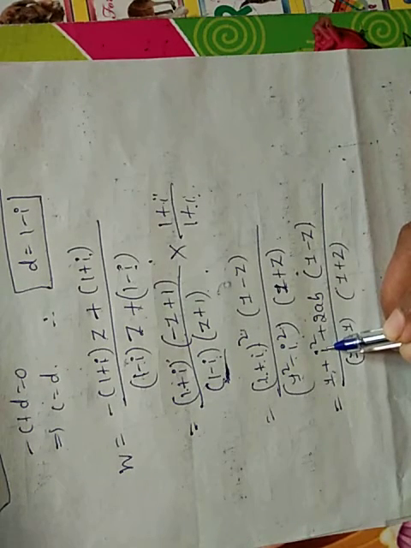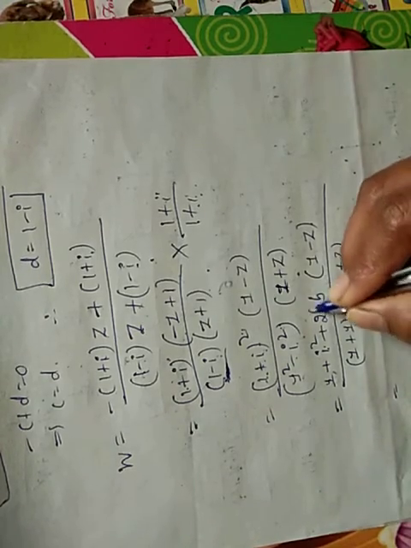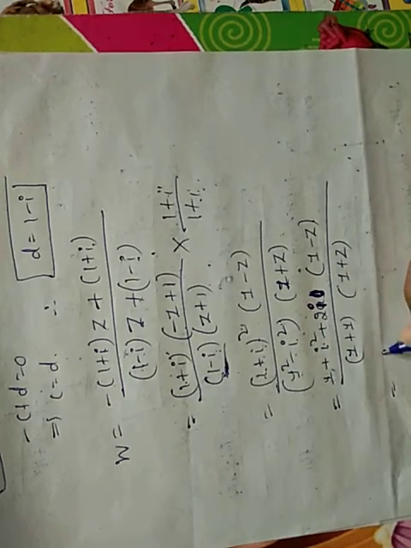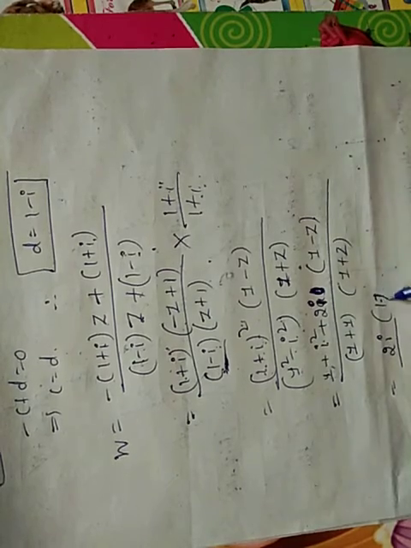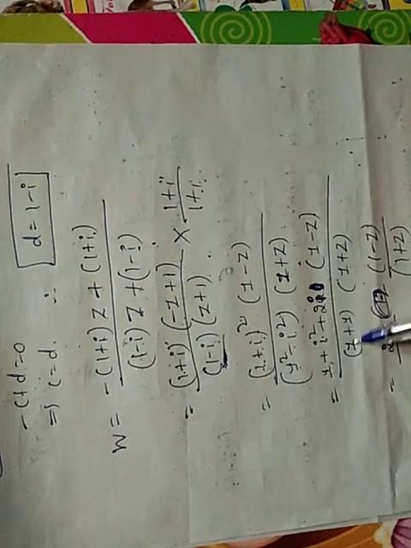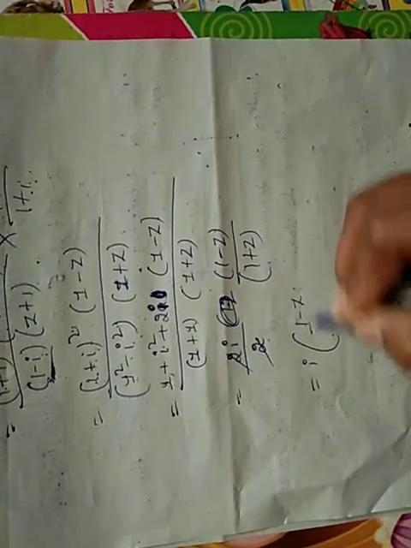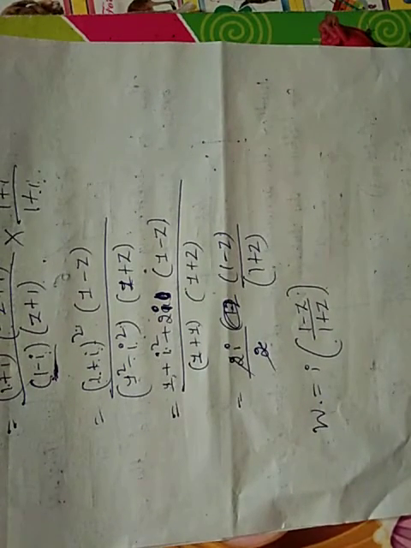See here, i square is minus 1, so 1 minus 1 gets cancelled. Sorry, 2ab means 2 into i. So remaining is 2i into 1 minus z divided by 1 plus z. 1 plus 1 is 2, and the 2 gets cancelled. So remaining is i into 1 minus z divided by 1 plus z. That is our bilinear transformation.